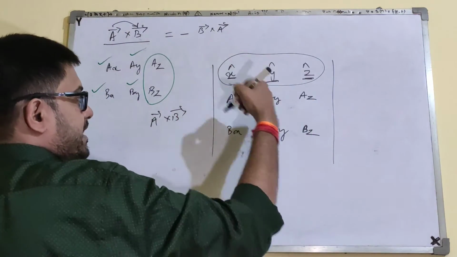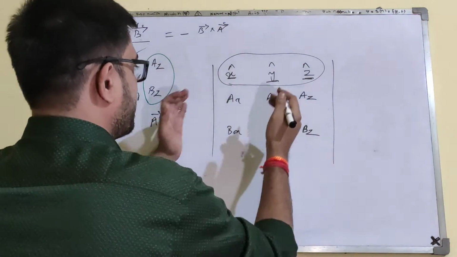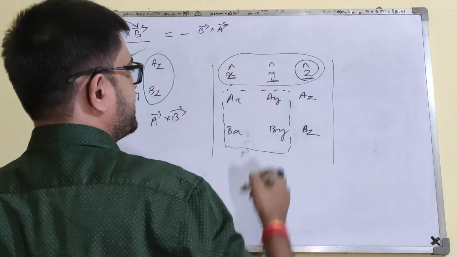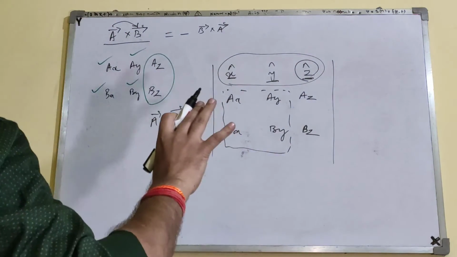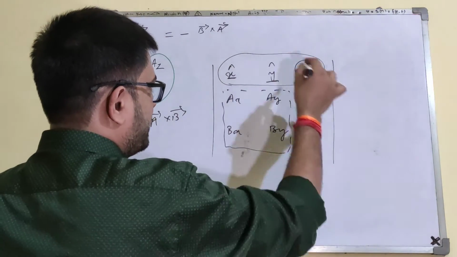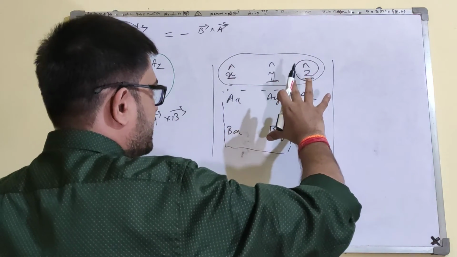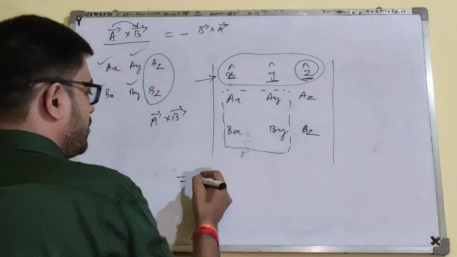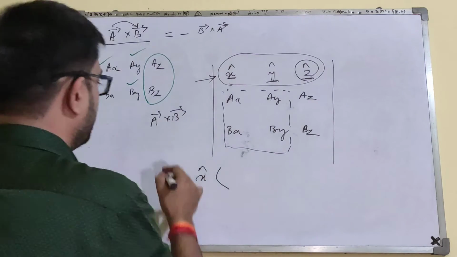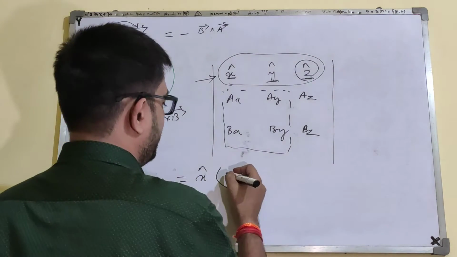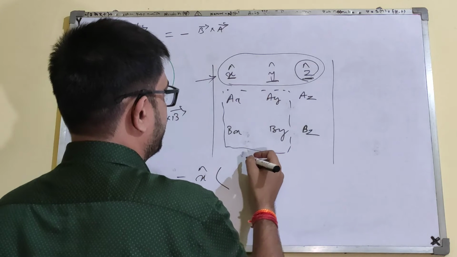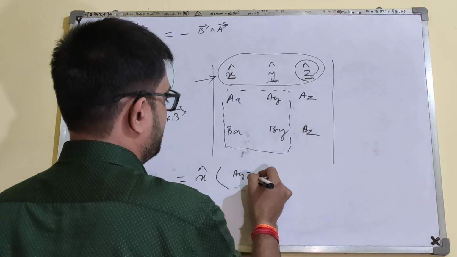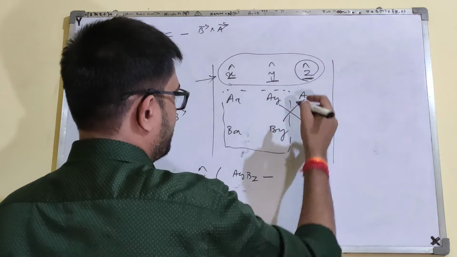Whatever it is, by using this device, just like when we used only this part, we knew that this part is happening in z cap. But to generalize for any plane, we can use the 3x3 determinant, so that when we expand it using the first row, the unit vector row, we find that the net A cross B would be x cap times (AY BZ minus AZ BY), that is, left product minus right product.